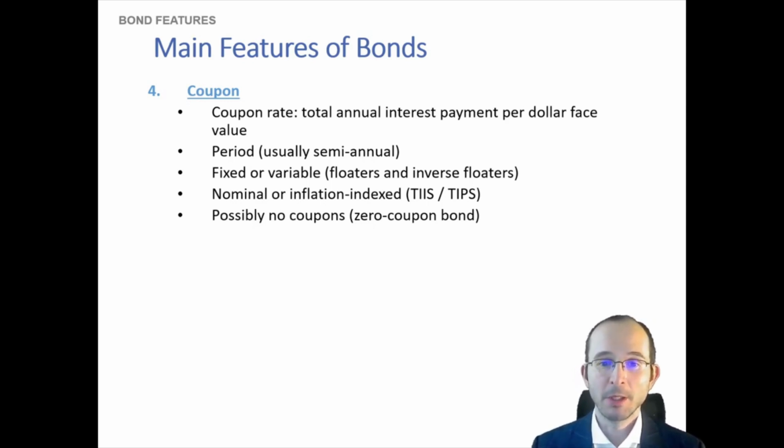Now, furthermore, the coupon rate can be nominal. In other words, you get what you get, or it can be more like a real rate, where, remember, the difference between nominal and real rates is the rate of inflation. So you can have Treasury inflation indexed securities, or inflation protected securities, TIPS.